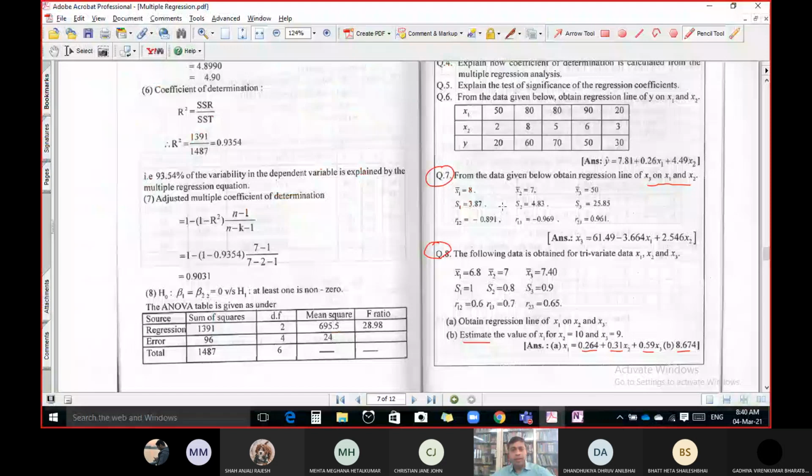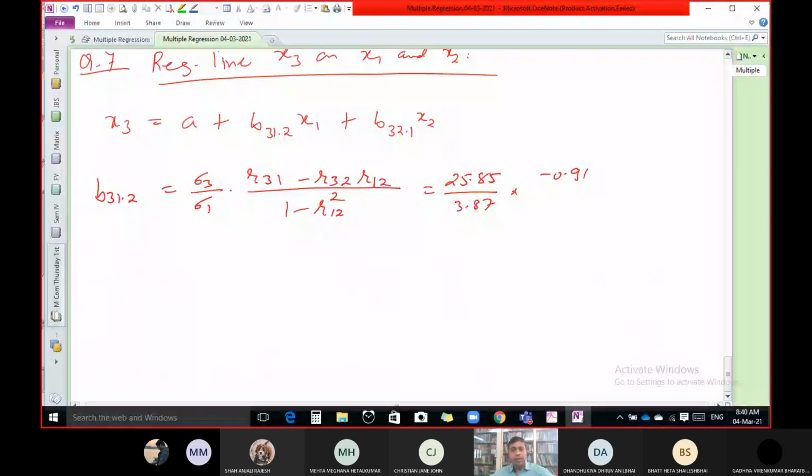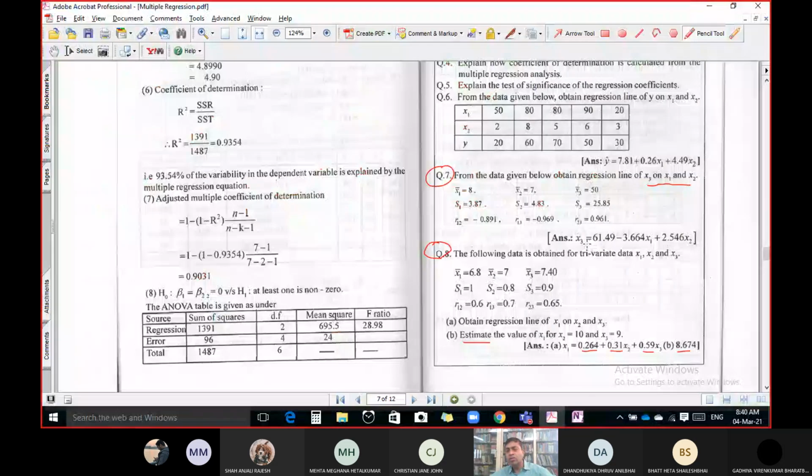Then R31 is the same as R13, so minus 0.969. Then R32, or R23, same, 0.961.